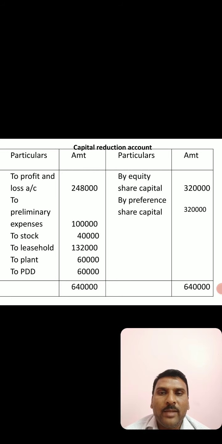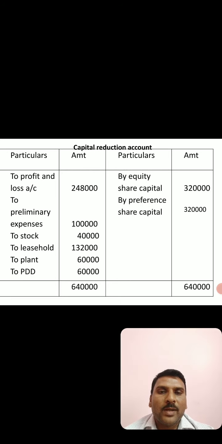On the debit side we have shown the losses which are written off: profit and loss 2,48,000, preliminary expenses 1 lakh, stock rupees 40,000, leasehold 1,32,000, plant 60,000 and provision for doubtful debt 60,000. So totally we have utilized the full 6,40,000 capital reduction amount.